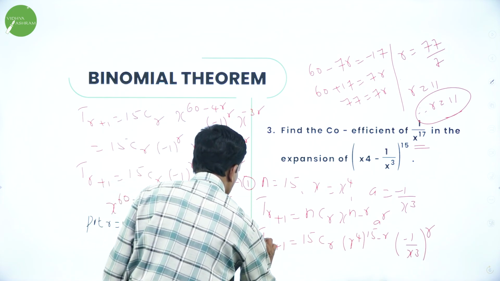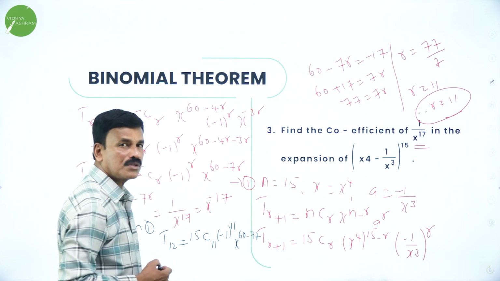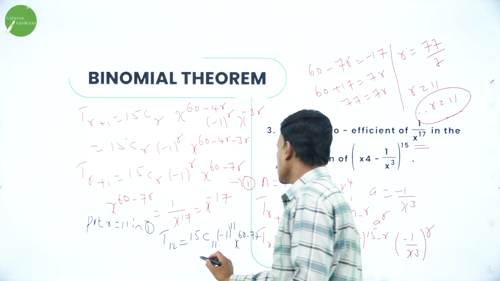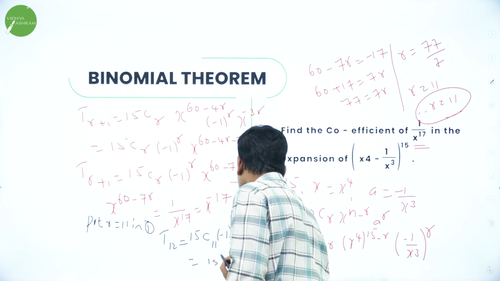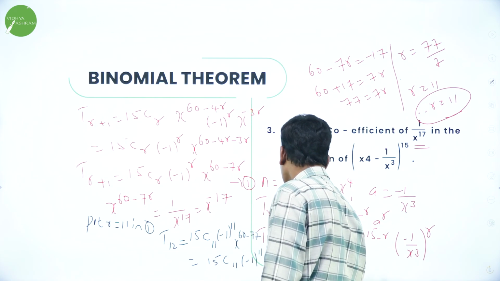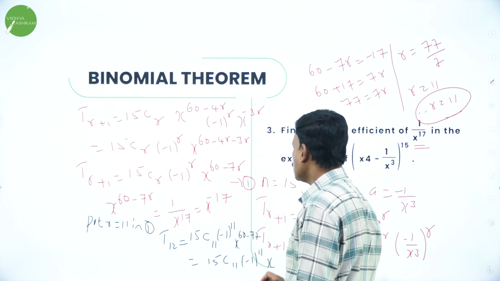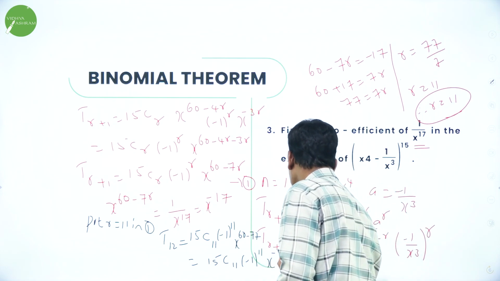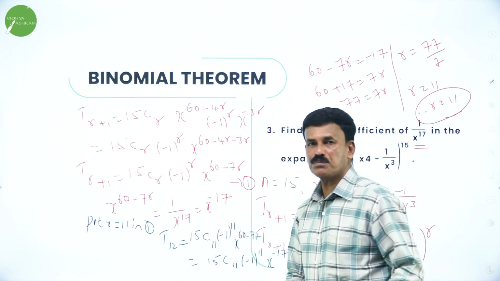That's equal to 77. x to the power of 60 minus 77. So what is this equal to? This is equal to 15C11 minus 1 to the power of 11 into x to the power of 60 minus 77. This is equal to minus 17. Right. x to the power of minus 17.